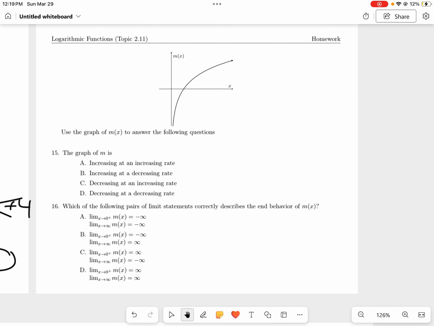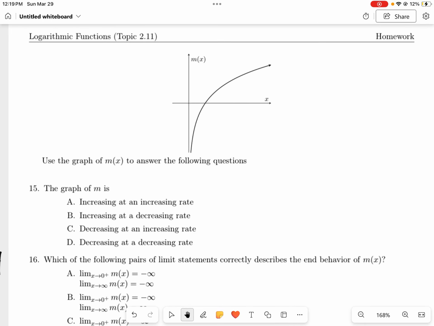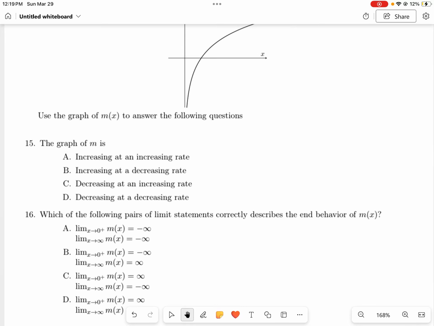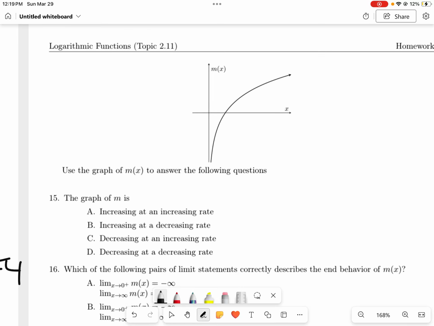Right here. So we're just doing this. Okay, it's asking about the graph of m, so this is really easy. You see that it's obviously increasing, so it's not decreasing. And it's asking, is it increasing at a decreasing rate or increasing at an increasing rate?